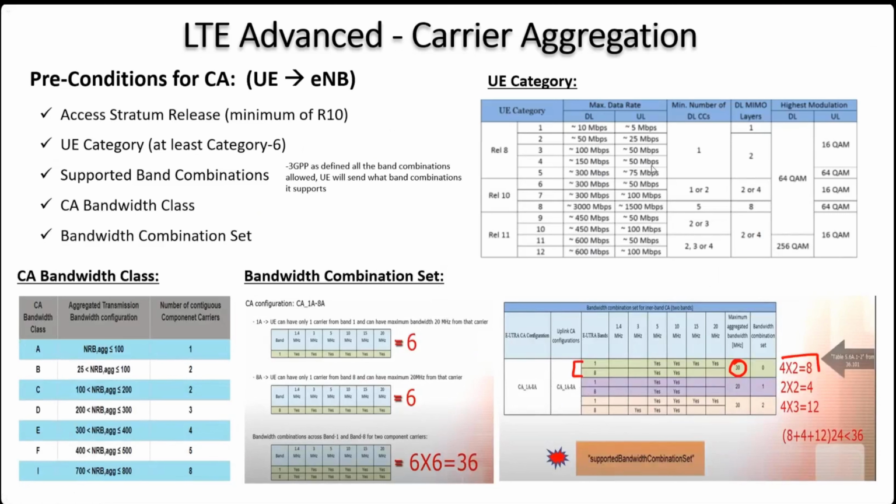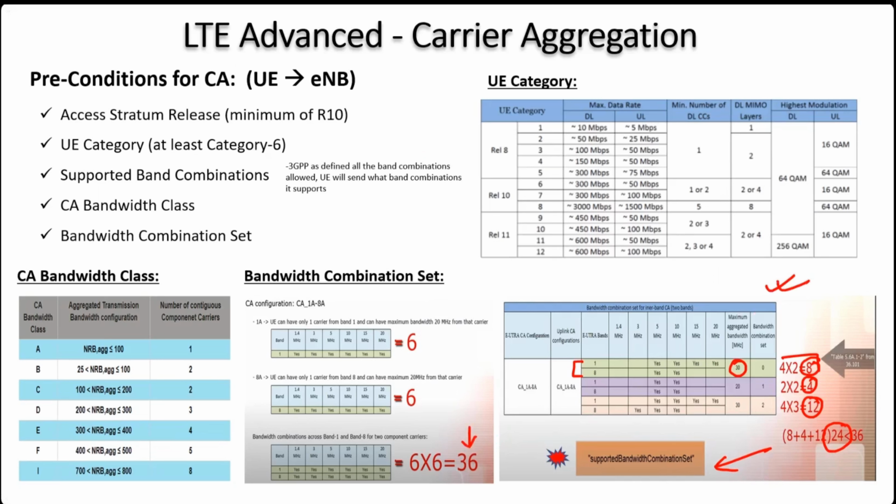Getting my point? With this configuration, it has told that the total number of combination sets possible are 8, 4, 16. So 24 supported combination sets are possible, which is less than 36. 36 is the max I have told you. Is this table clear to everyone or not?